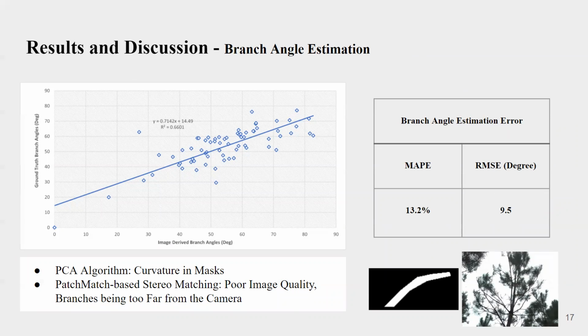The underestimation of branch angle could be explained by, one, some branch masks were not linear in shape, and this caused the PCA algorithm to find an orientation that makes a different angle. And the second reason is that sometimes the patch match stereo matching algorithm failed to find the optimal plane for slanted branches due to the poor image resolution and quality when the branches were small in size or far from the camera.